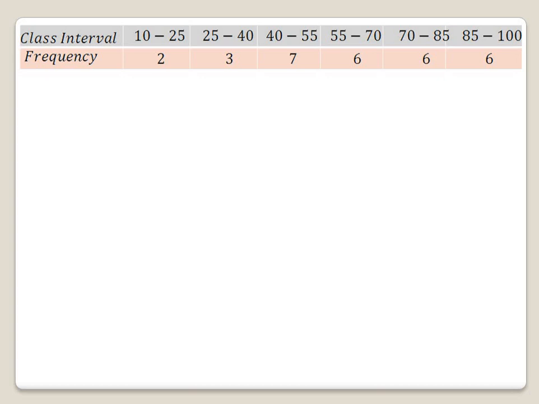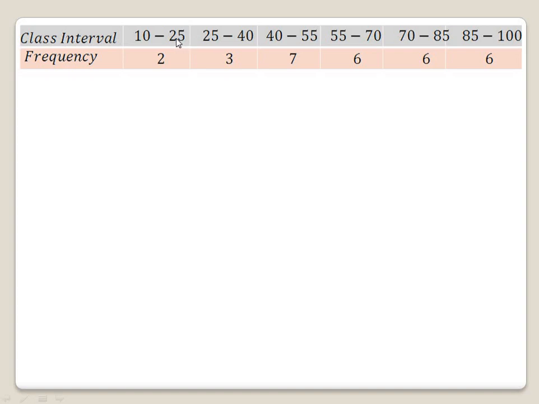First of all, let us check whether the given groups are continuous or not. The first group is 10 to 25. Here 10 is the lower limit and 25 is the upper limit. In the next group, 25 is the lower limit and 40 is the upper limit. The upper limit of the first class and the lower limit of the next class must be the same, then we can say the groups are continuous.